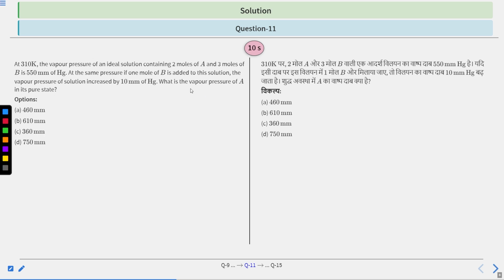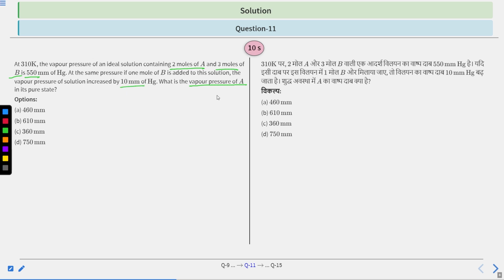So we have to find the vapor pressure of A in the pure state, and we are given that we have 2 moles of A and 3 moles of B initially at a vapor pressure of 550, and at the same temperature 1 mole of B is added to the solution, so it will become 3 plus 1, 4, and then the vapor pressure of the solution is increased by 10.